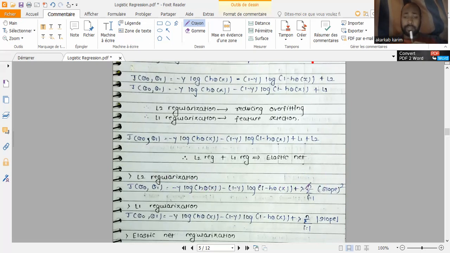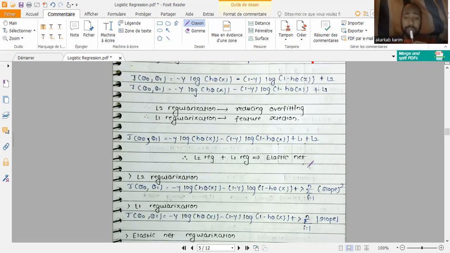This second term is what's called regularization. We have alpha, the sum of all these elements from 1 to n. That means we have a lot of features, because in this tutorial I work with just one feature, x, and the independent or target feature, y.